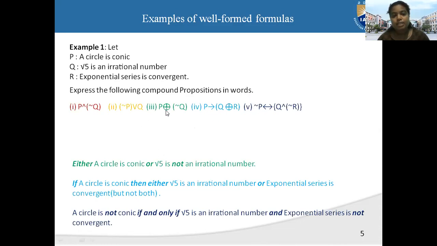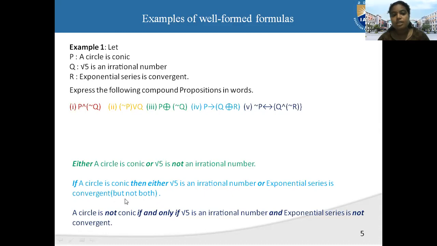P exclusive or negation Q means either a circle is a conic or root 5 is not an irrational number. Next is the fourth sentence. Here you have to observe if P then Q, with the given parenthesis: either root 5 is an irrational number or the exponential series is convergent, but not both.